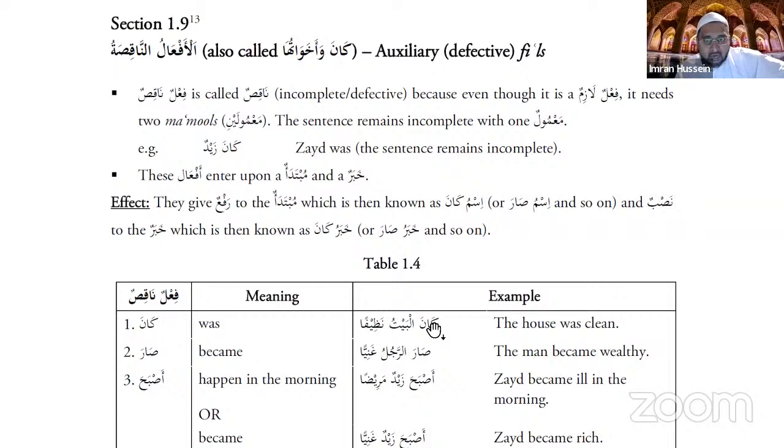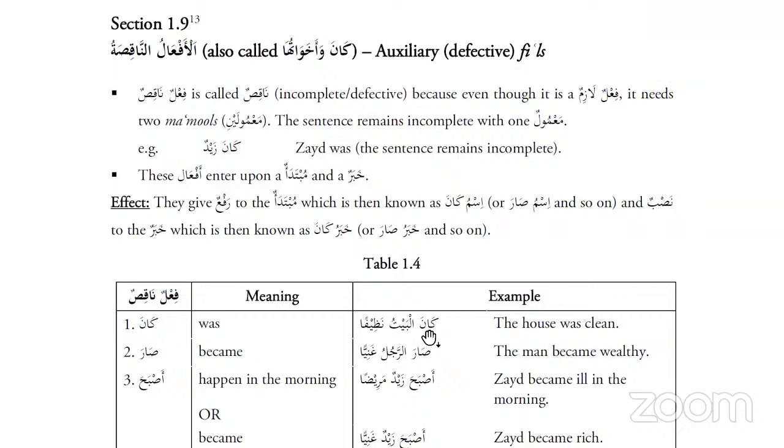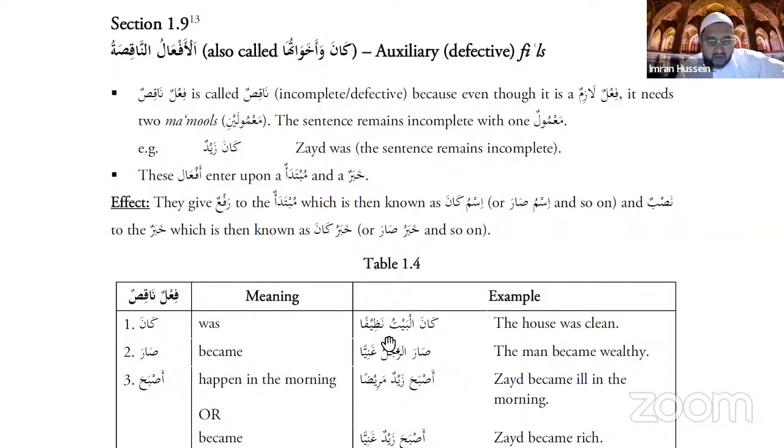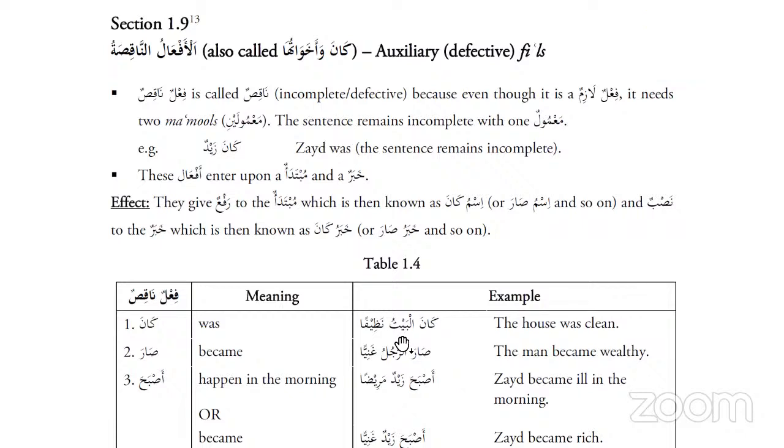So when kana comes, what happens? The sentence remains incomplete with one ma'mul. If I said kana al-baytu, if I just had al-baytu after kana, which is the mubtada, the house was, is it a complete sentence? No. When we say kana al-baytu nadhifan, the house was clean, is it a complete sentence now? Yes.